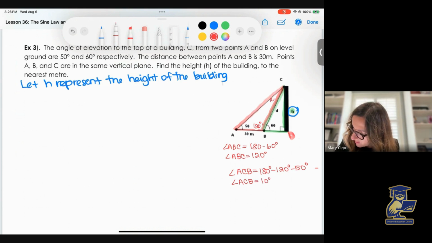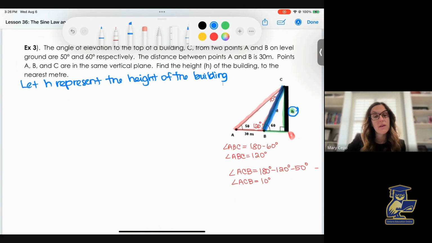That helps us out because the more information we have on this triangle will help us determine that common side. If you notice, there is a common side BC on both triangles. If we determine that length, that'll help us determine the height of the building.